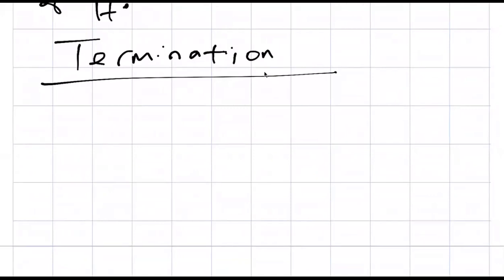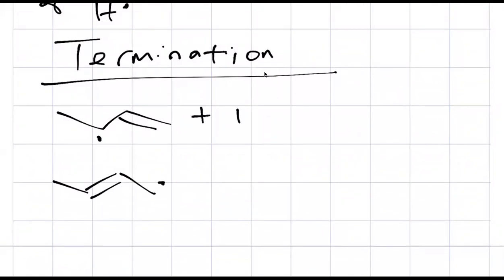All right, so I'm gonna take this radical and I'm gonna take the other one and I'm gonna pair them up with bromine. And I'm gonna make that bond where the two radicals are. How's that gonna happen? Homolytically or heterolytically? Homolytically.